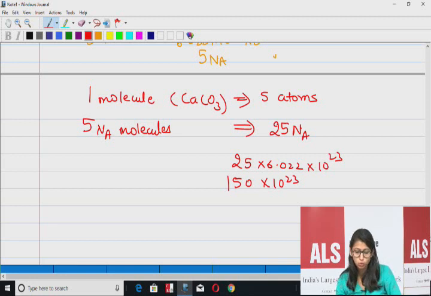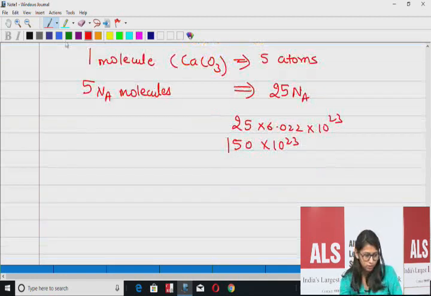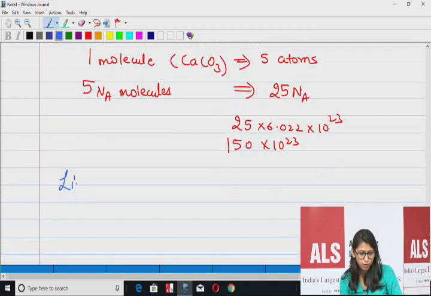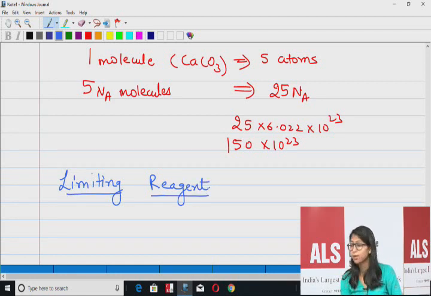Now let's do one interesting topic, and you will tell me if you have done it. Limiting reagent. You have done limiting reagent?